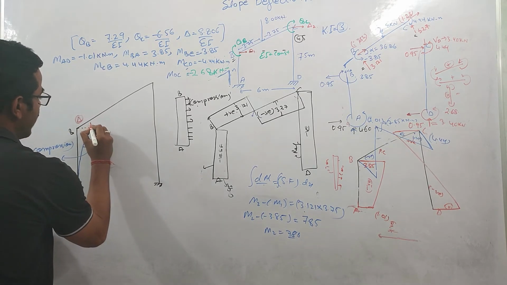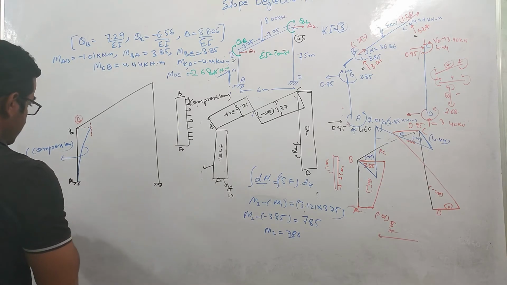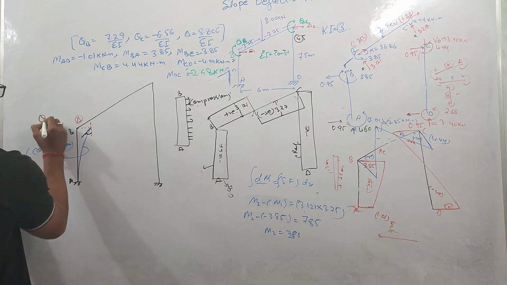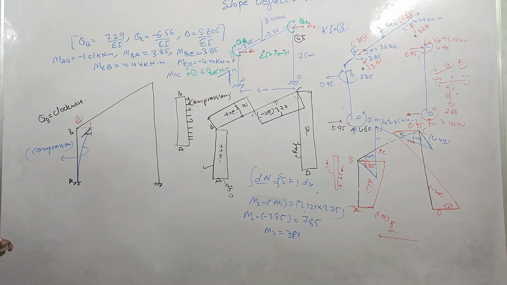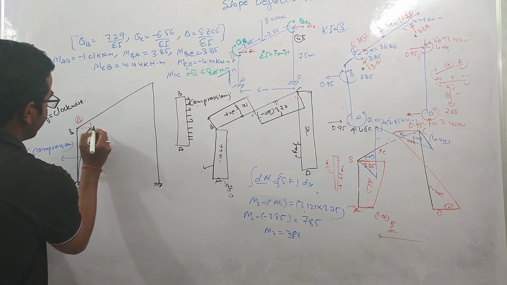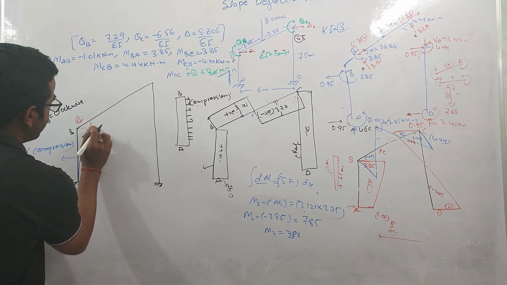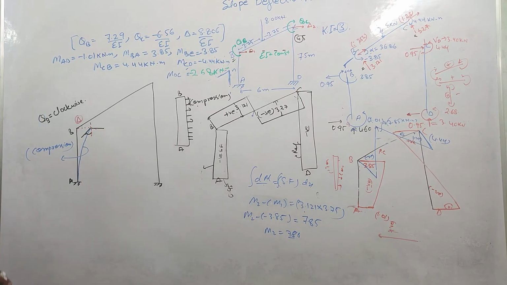And here also you can see that theta B, if let us suppose this is the tangent, theta B is basically clockwise. Now we need to draw the tangent for this when this member will deflect, and the angle between the tangents will be equal to the angle between these two members, right? So it is like this.